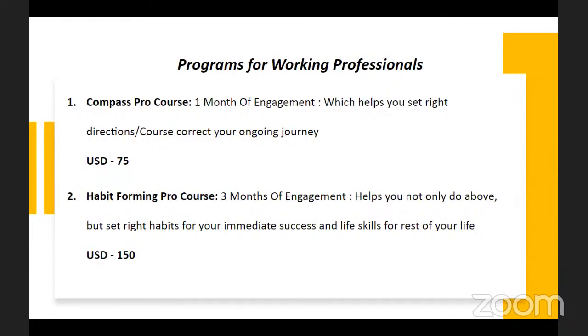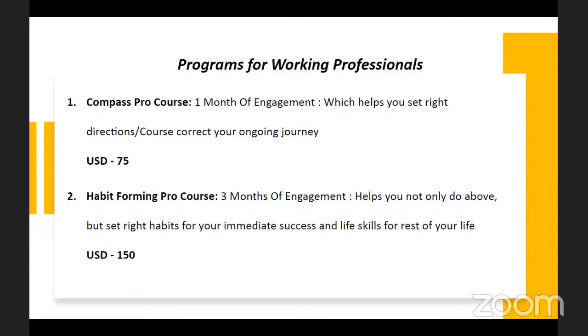So the programs: we are a startup in which we engage with working people and help them improve their current performance, enhance their motivational level, help them plan their short-term and long-term goals, and enhance their EQ.